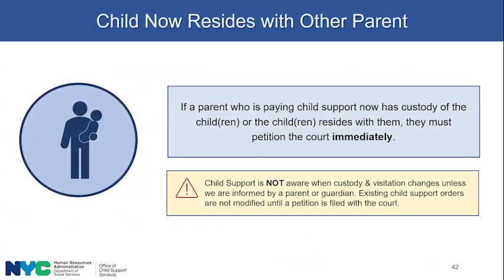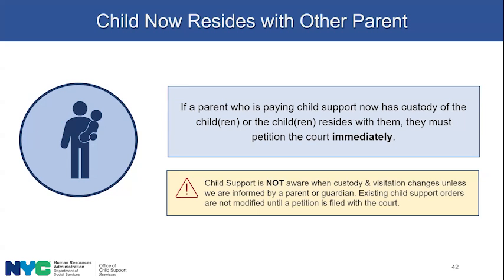So, as I noted earlier, if the parent who is paying child support now has custody of the child or children, they must petition the court immediately. We don't have a crystal ball. We're not aware when custody changes unless we're informed by a parent or guardian. Existing child support orders are not modified until a petition is filed with the court.